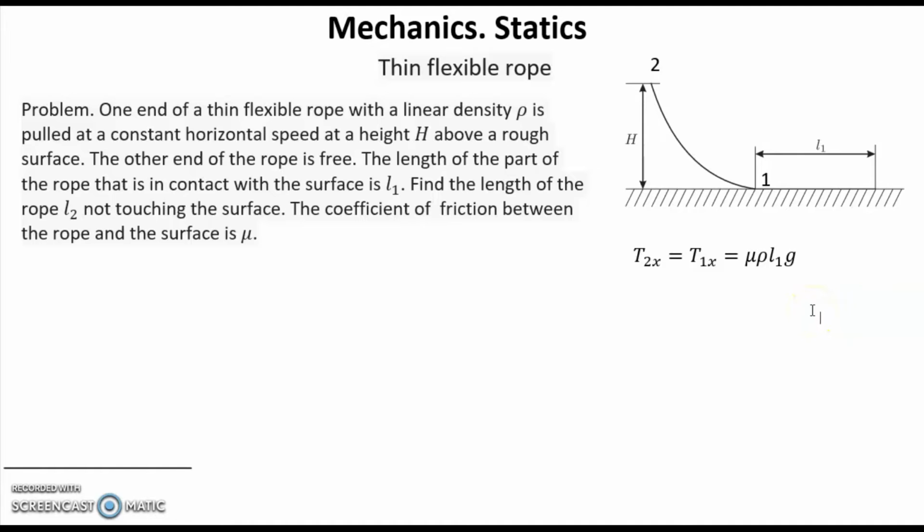But from other end, this second end has the tension T2, and we can split it by vertical part T2y and the horizontal part, which is T2x. And this T2x exactly equalized by T1x, because this rope is in horizontal equilibrium. So that's the equation.